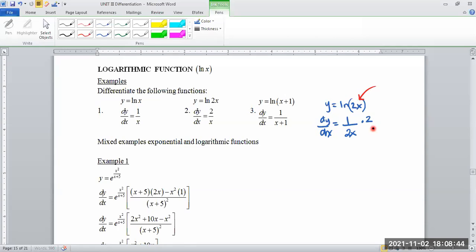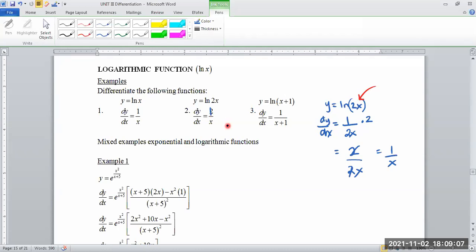Something is wrong with number 2, I made a mistake somewhere. The differential of ln x is 1 over x, so when I differentiate this 2x, I get 2. So it's going to end up being 2 over 2x, and of course, the 2's cancel. So I'm left with 1 over x. That's supposed to be 1 over x and not 2.